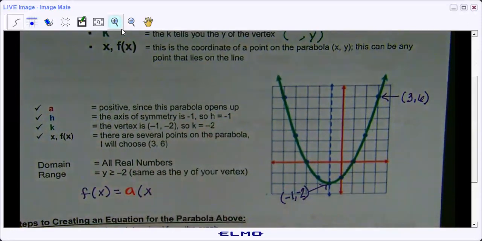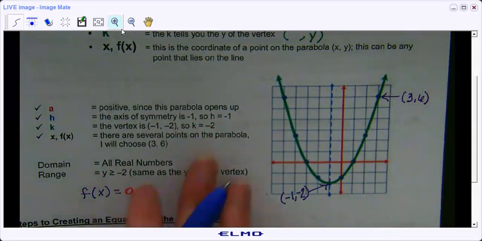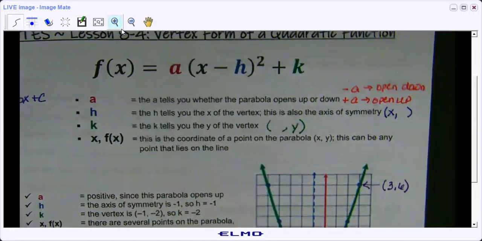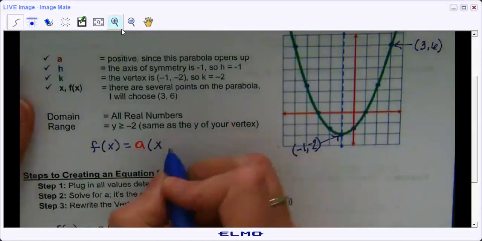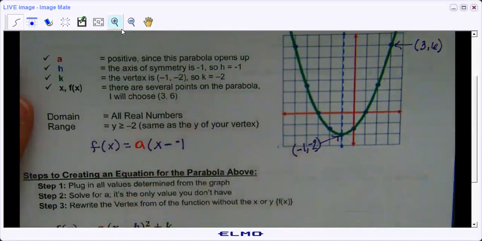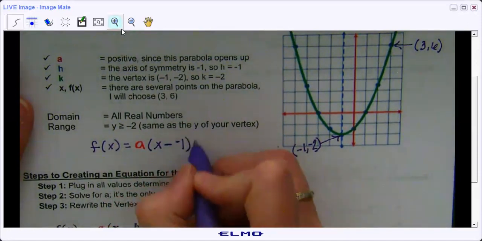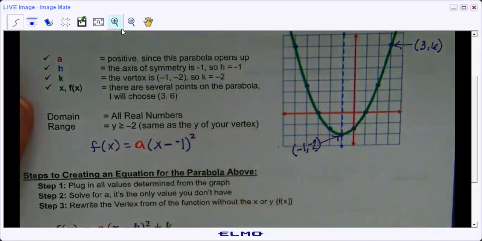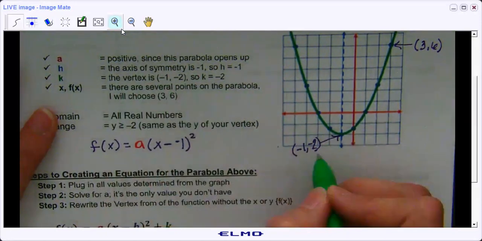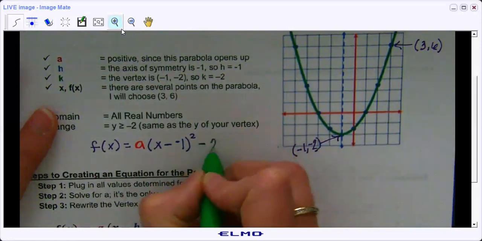Now, we have to be really careful with this because in the formula up here, or in the equation, it's minus whatever H is. So if we have minus a -1, okay? And then we have our K. Our K is the Y of the vertex, which is -2, so -2.